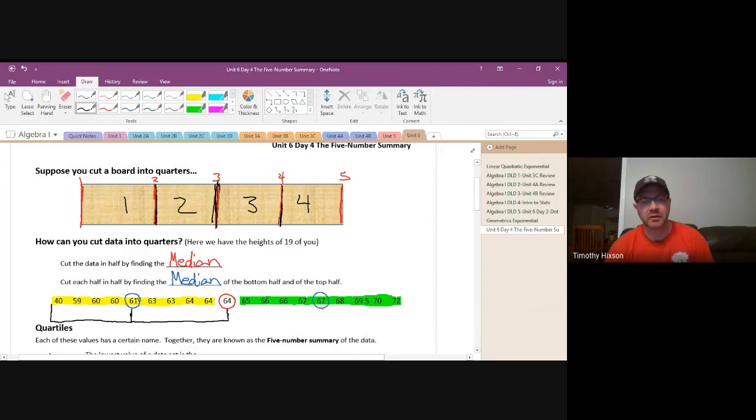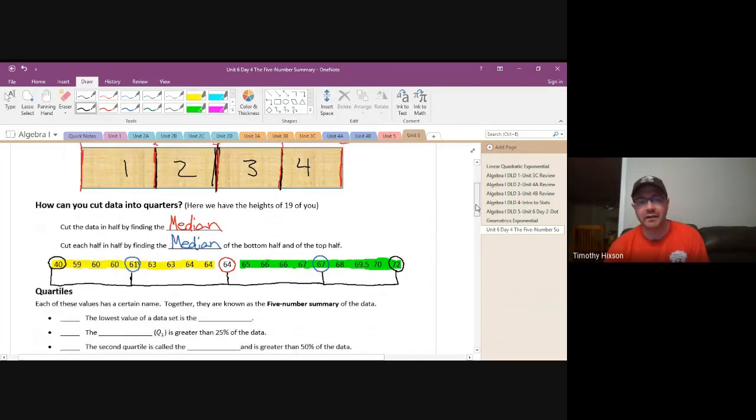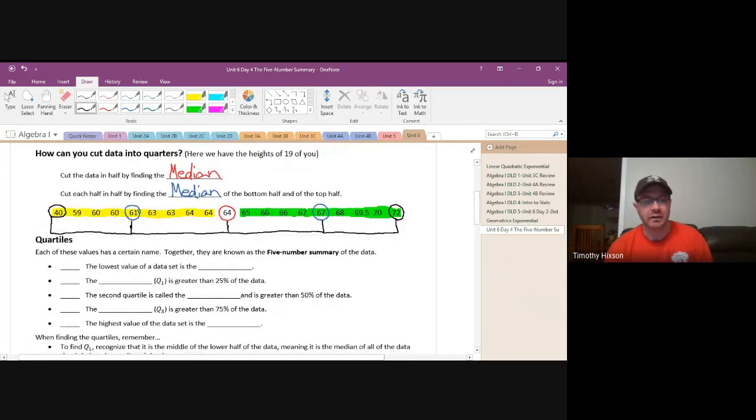It's split up into 4 pieces, but as you can see, there are 5 different values that are actually significant here and make up kind of the ends of the board, if you will, the ends of the parts of data. Now, each of these values has a certain name, okay? And together, they're known as the 5-number summary. That's a term that you definitely want to know, the 5-number summary.